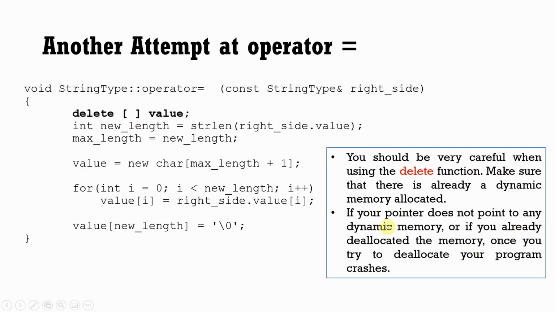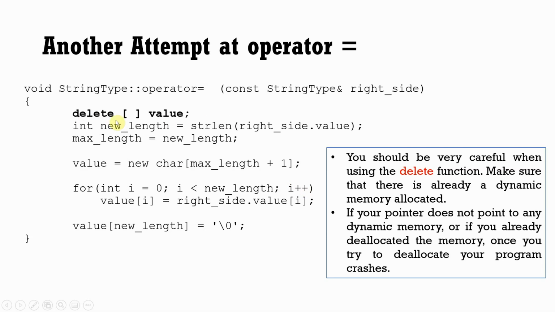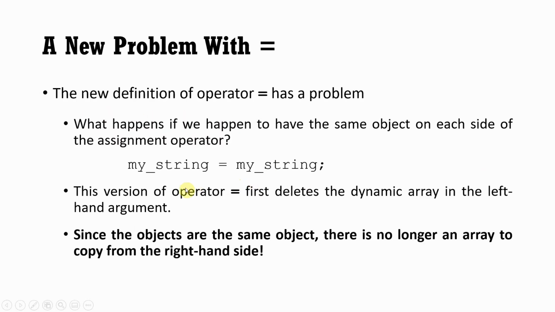If your pointer does not point to any dynamic memory, or if you already deallocated the memory, once you try to deallocate, your program crashes. This is compiler dependent, but in many compilers, when you try to deallocate something that has been deallocated before or doesn't exist, your program crashes. So you have to be careful about that. That's one problem, so we have to check if this is already pointing to something.